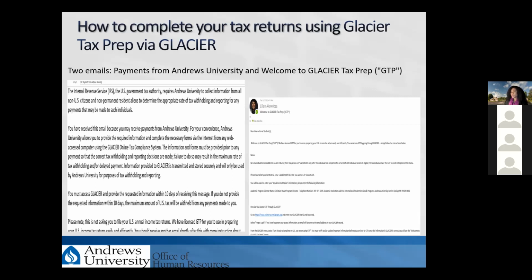We are able to tell what your tax status is, and we are able to also back our information up with things that are needed, like if you are eligible for a treaty and so on. That also helps you know what your tax status is, to know when you are not supposed to be using Glacier anymore.